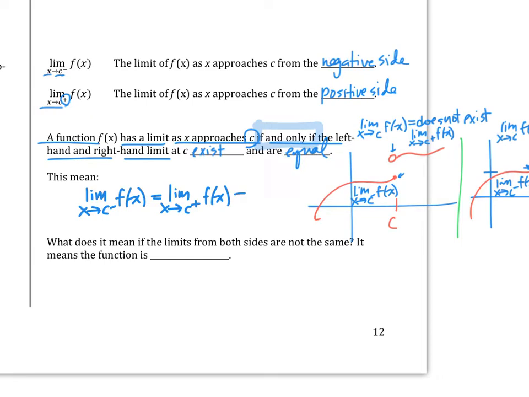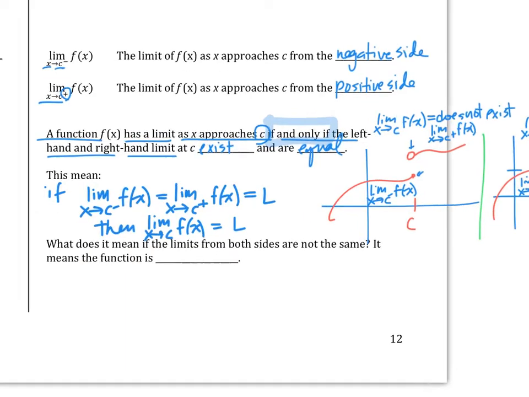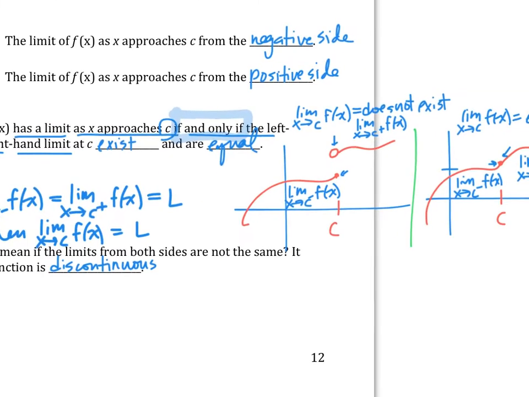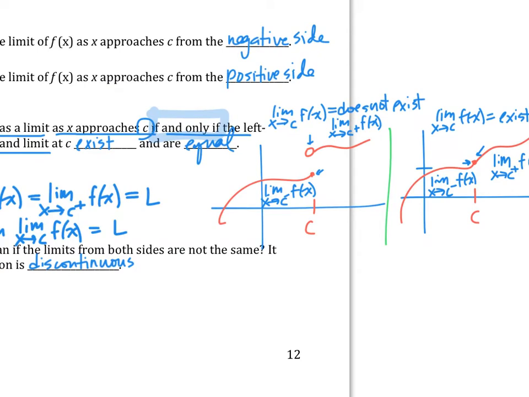If they are the same number, then the limit as x goes to c of f of x is equal to L. Okay, so if this happens, then this happens. What does it mean if the limits from both sides are not the same? It means that this function is discontinuous. As you can see from this first graph here, it is disconnected and there is a jump discontinuity.